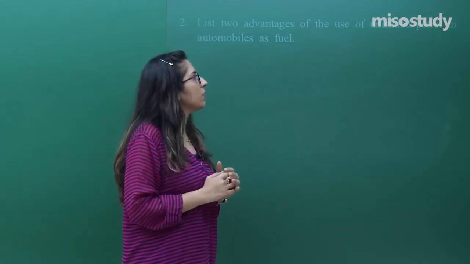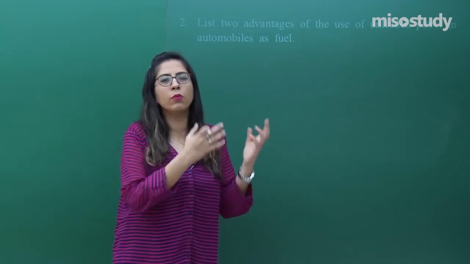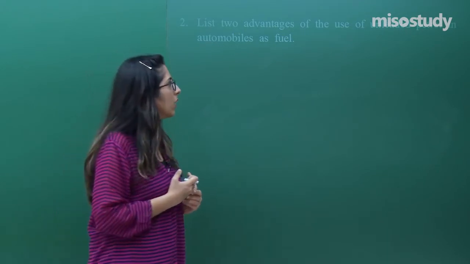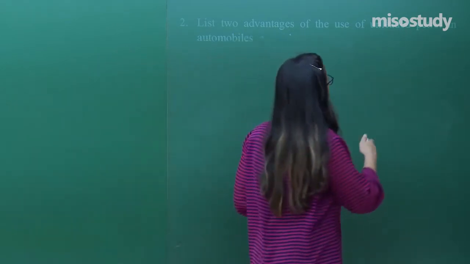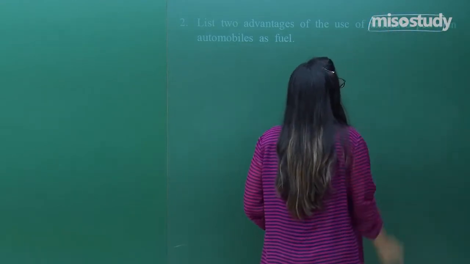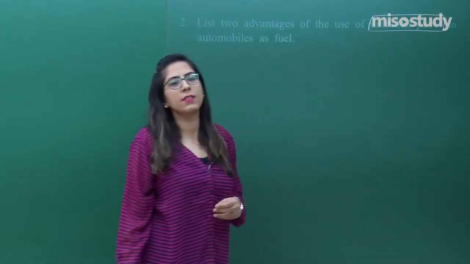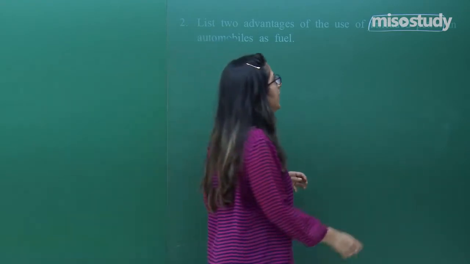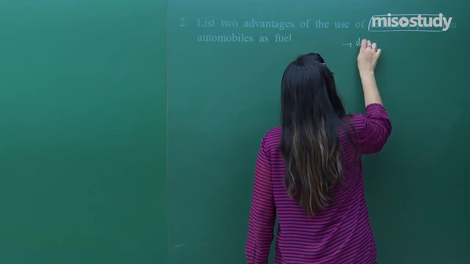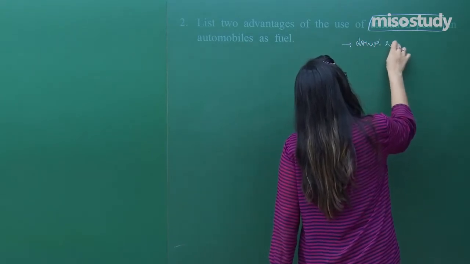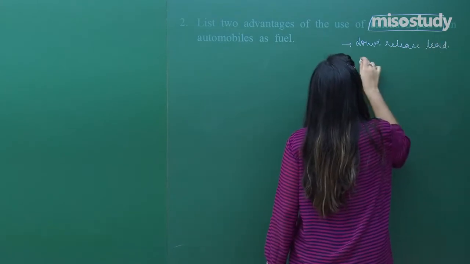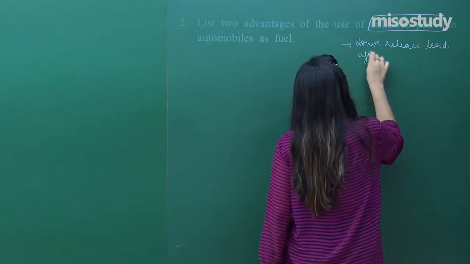One of the major steps in the direction of controlling air pollution is the use of unleaded petrol. Unleaded petrol is petrol in which no lead is there. When no lead is there, it will not release lead into the atmosphere after combustion.